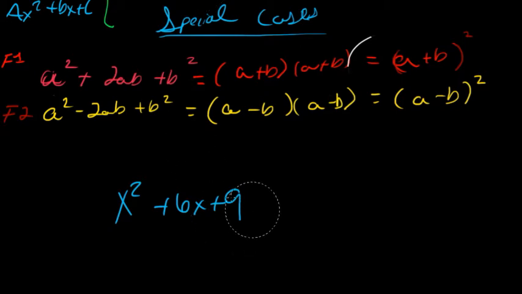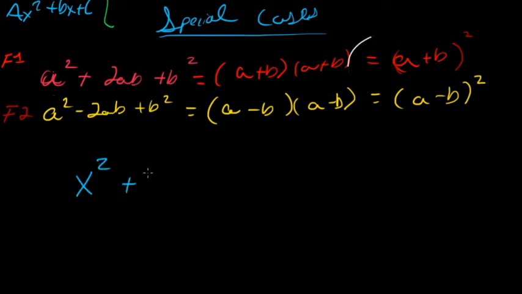That's a fairly easy problem, but when you get into higher level problems, like if we have x squared plus 16x plus 64, what factors of 64 add to 16? These take a little more thinking because we have to list the factors of 64. Well, we can bypass all that with our special products, okay?